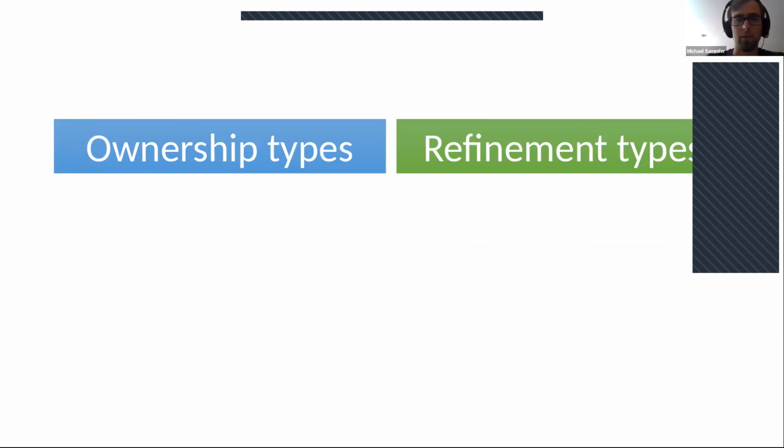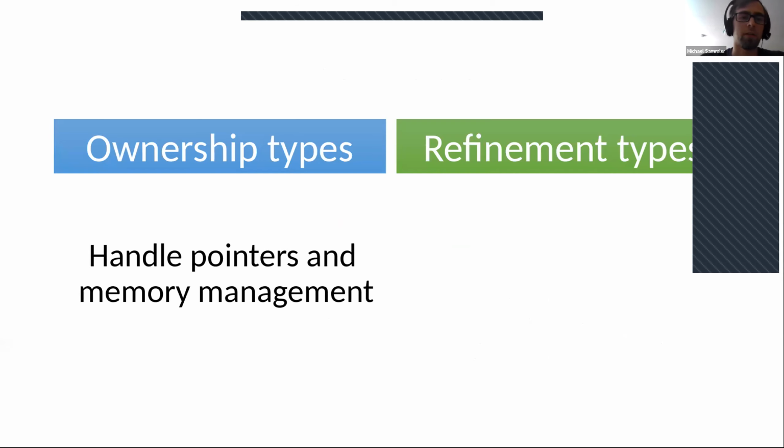Let me quickly talk about the two pillars of this type system. On the one hand, it has ownership types, which have been proven very useful in Rust, for example, to reason about pointers and memory management. Ownership types allow you to express, okay, I now own this region of memory and I can manipulate it.